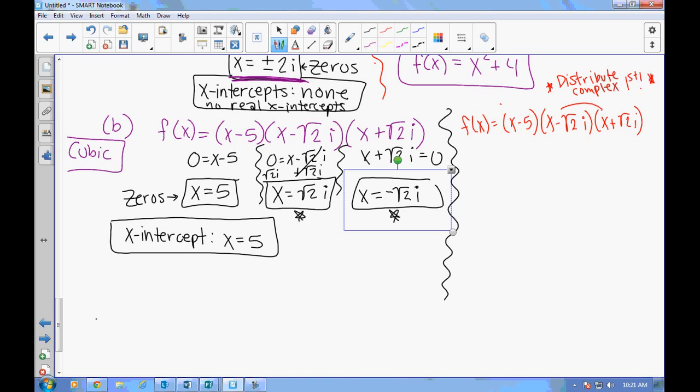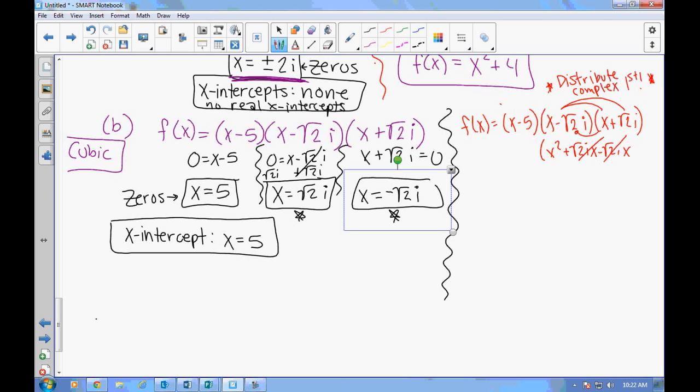So x times x is x squared. x times root 2 i is just a positive root 2 i x. Negative root 2 i times x is just negative root 2 i x. And those two will cancel out. That's the nice thing about conjugates.